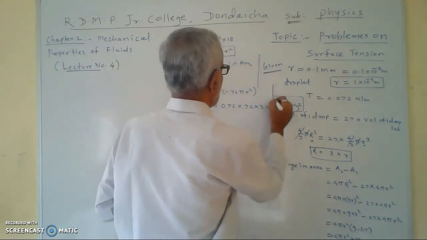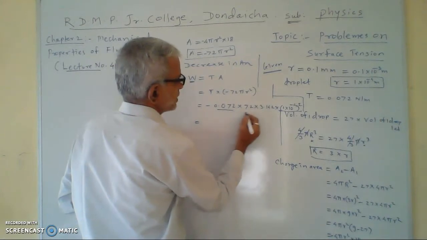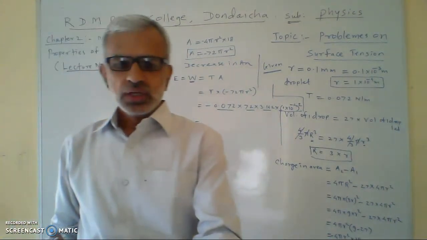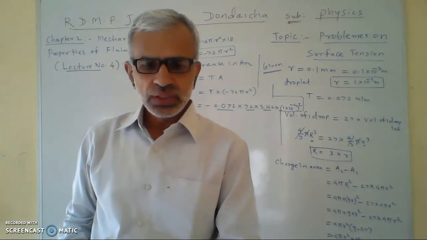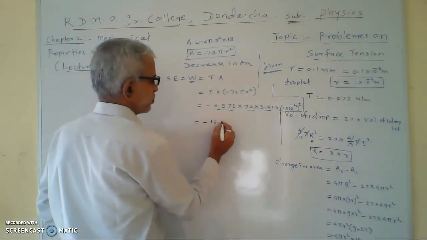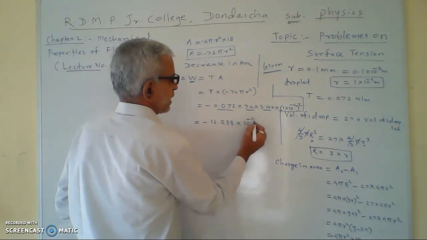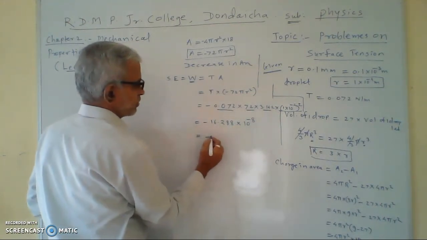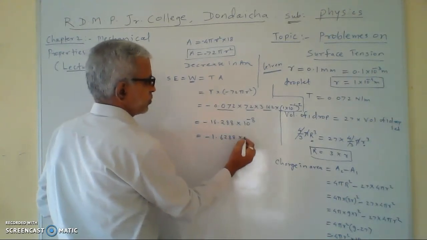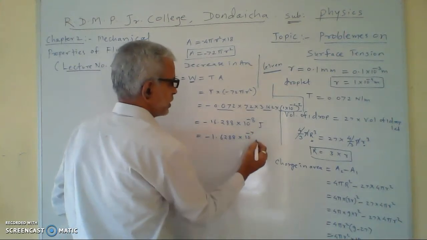So this is the value of R. Now take the multiplication of these, and it is found to be 16.288 into 10 raised to minus 8. It is equal to minus 1.6288 into 10 raised to minus 7 joule.